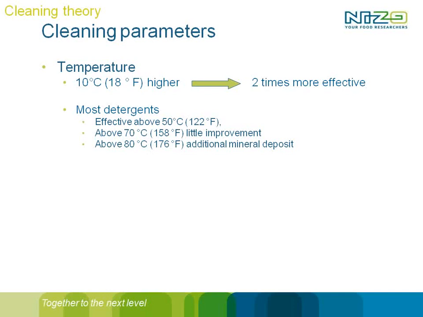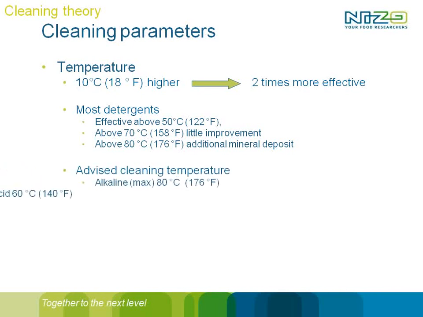If you go too high, for example at 80 degrees C, you see an additional mineral deposit, which is not wanted in your process. As a summary, alkaline has a maximum of 80 degrees C, and acid can be a bit lower, let's say 60 degrees C, with the Fahrenheit values in brackets.